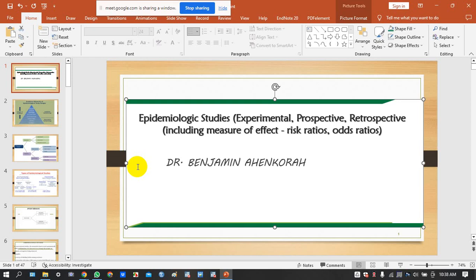So, study designs. Before you start a study, what do you do? How do you design the study? How are you going to recruit your subjects? Is it going to be longitudinal? Is it going to be cross-sectional? Is it only one person, like in 1983 when they were trying to diagnose HIV anew?